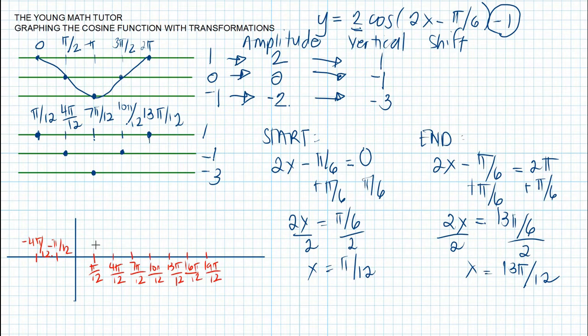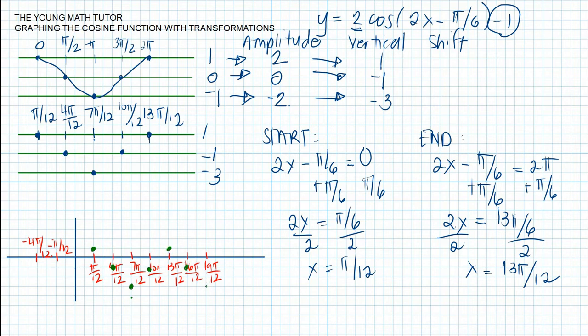So at pi over 12, the value of y is 1. At 4 pi over 12, the value is negative 1. At 7 pi over 12, the value is negative 3. At 10 pi over 12, the value is negative 1 again.